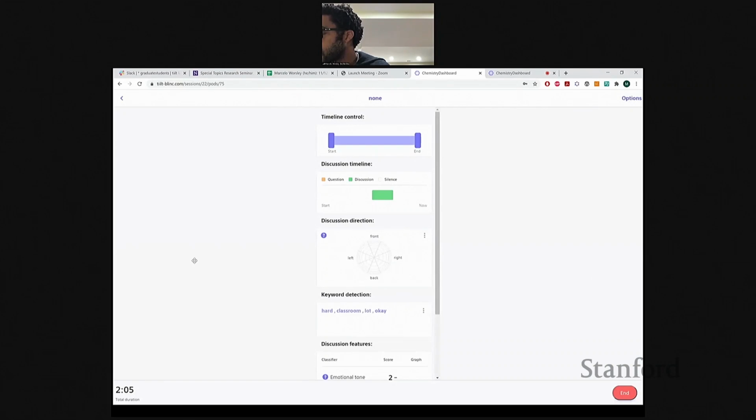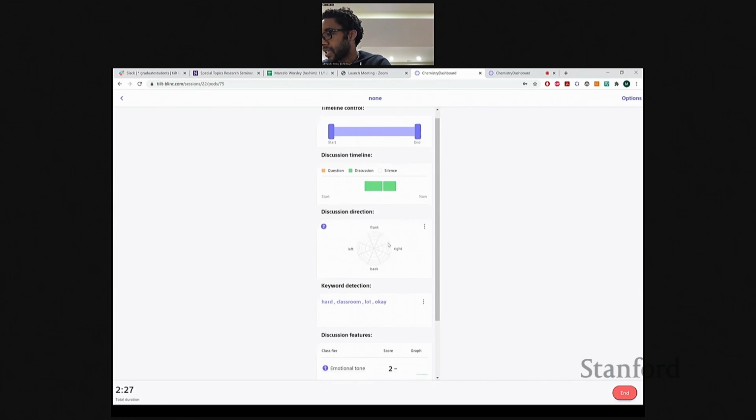Within this too, it does something. Oh, I didn't want to go back here yet. It will provide me with a sort of timeline of when it detects text, when it detects a discussion. It'll identify when it detects a question, like, what's the day today? And also annotate silence.